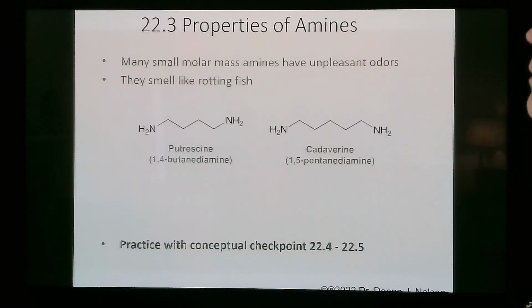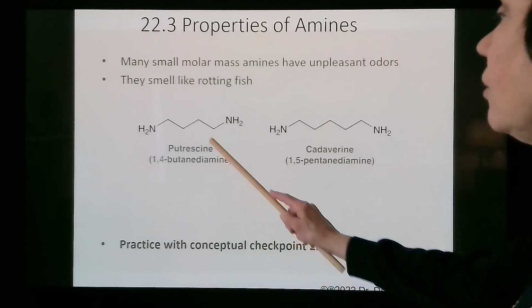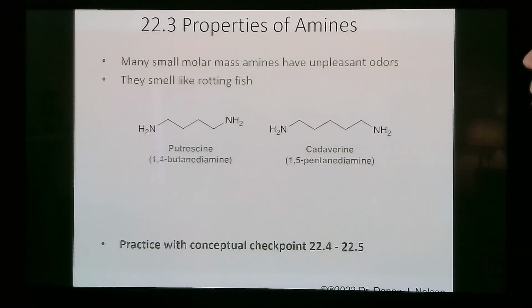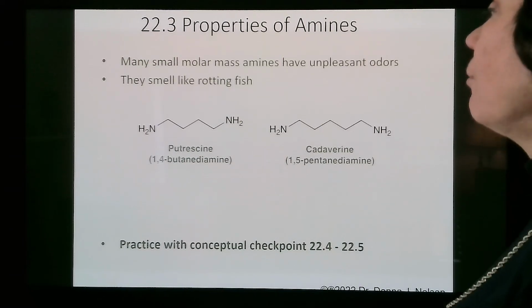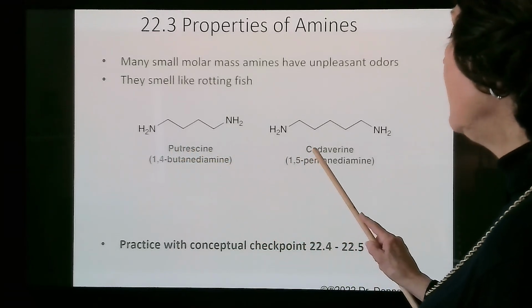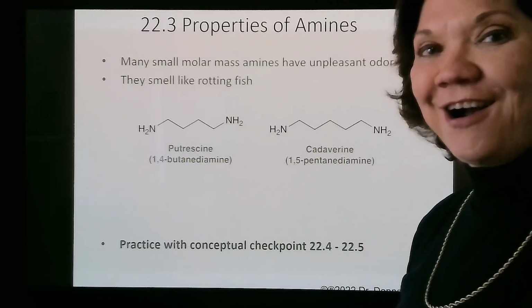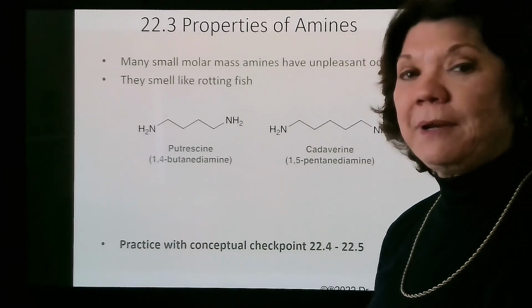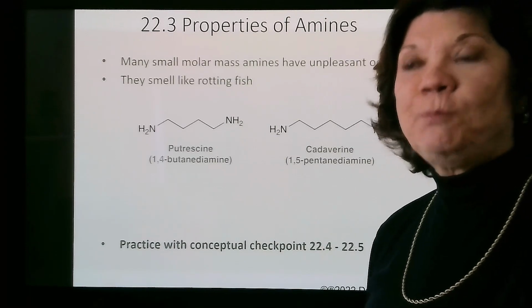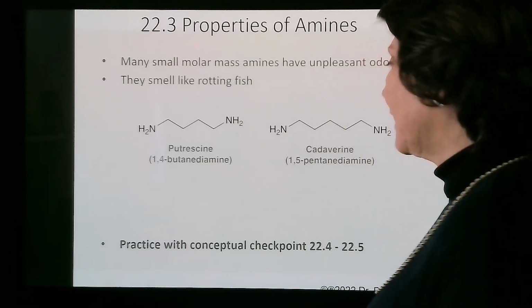Many small molar mass amines, so these are relatively small amines, have unpleasant odors, smelling like, say, rotting fish. Putrescine and cadaverine are the common names for these amines, and I think the names speak for themselves.